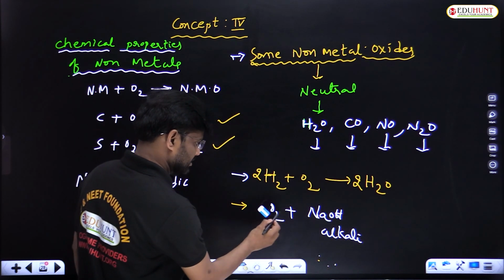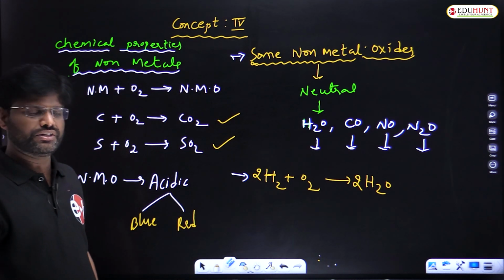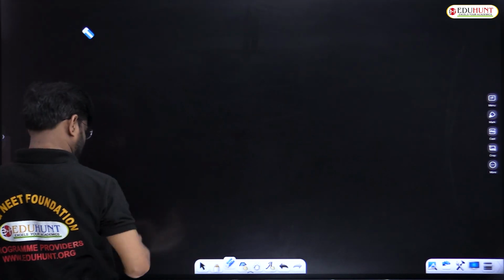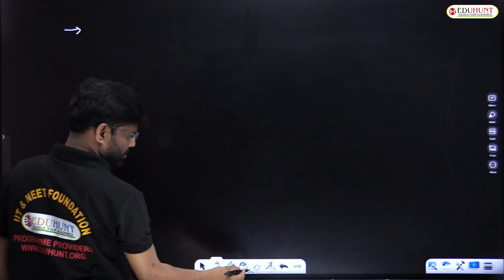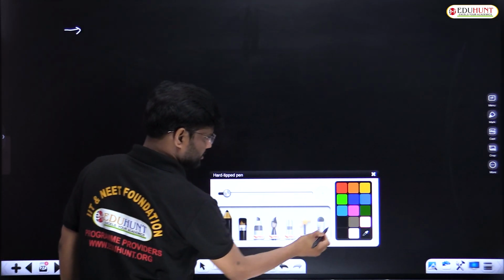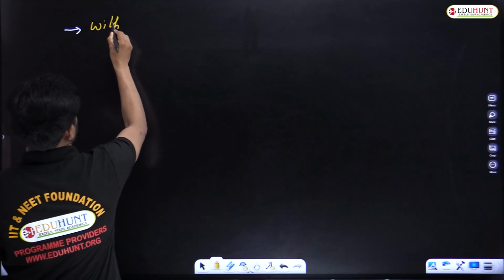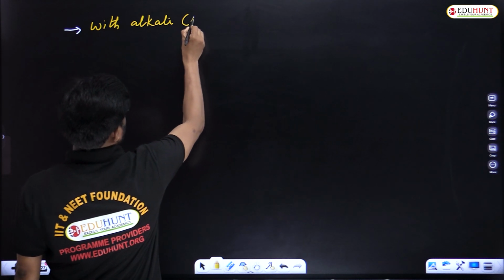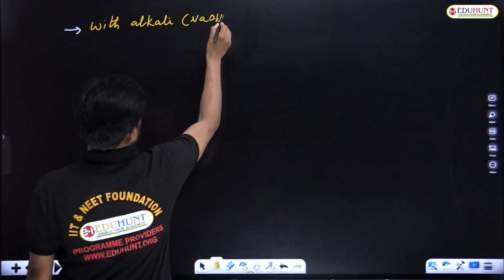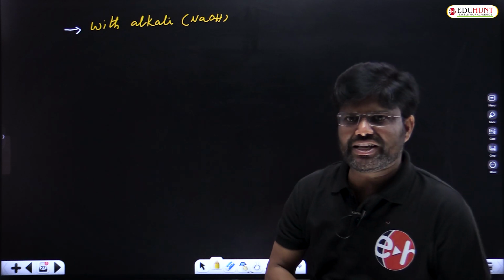So we'll write in another page. Non-metal oxide reacts with alkali. Alkali is nothing but sodium hydroxide.